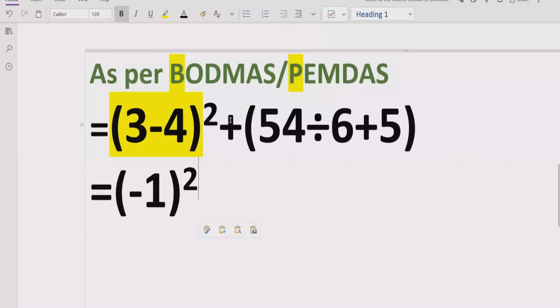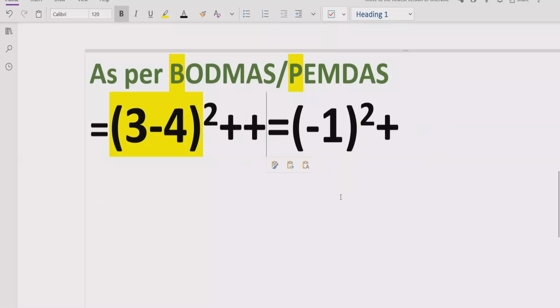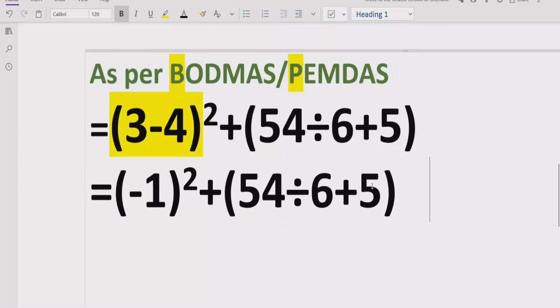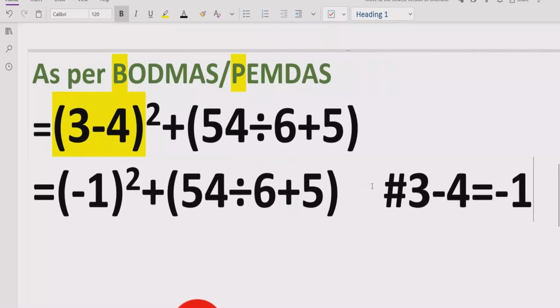This other part we will write here as it is. And here we give the reference: 3 minus 4 equals minus 1.